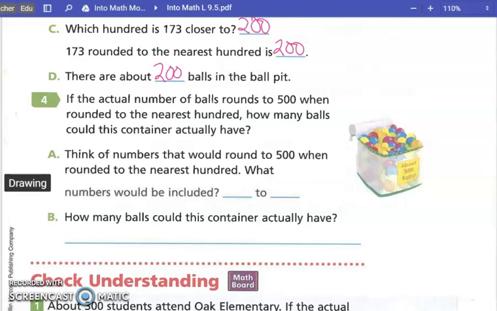Because our number is going to be between 400 and 500, and we know it has to have 5 or greater to round up to 500. So the least number we could have is 450. What is the greatest number we could have? 490? 500? 550 would round to 600. 540.